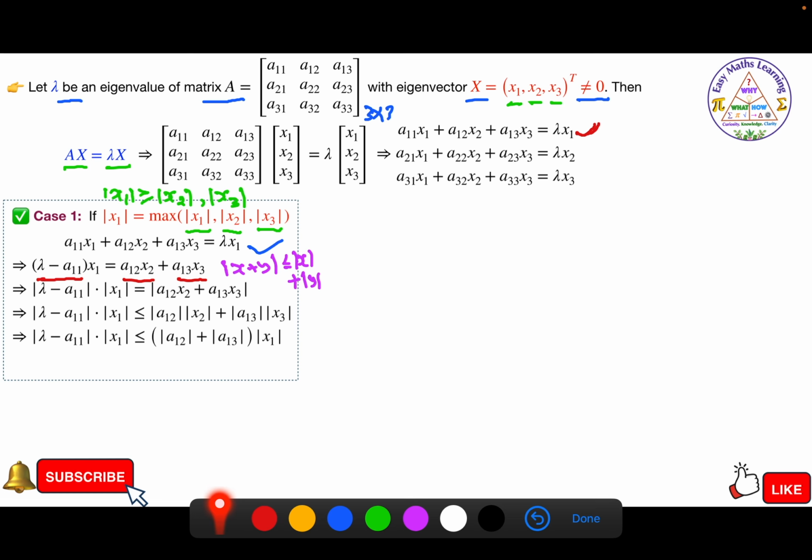Now using the maximum property, as modulus of x1 is greater than or equal to modulus of x2 and modulus of x3, we replace modulus of x2 and modulus of x3 by modulus of x1. So we can write it is less than or equal to this plus this into modulus of x1.